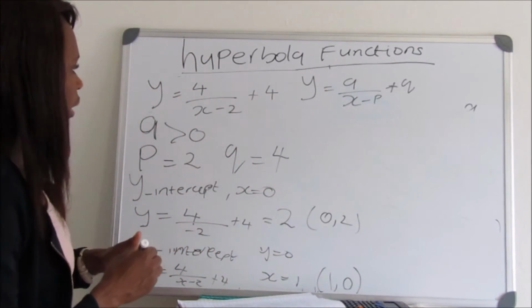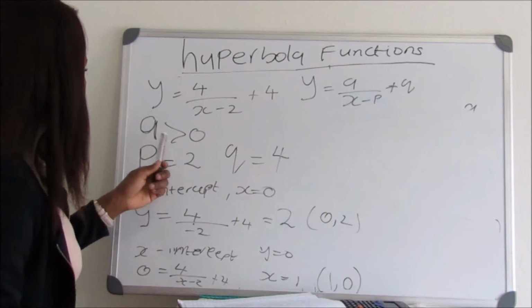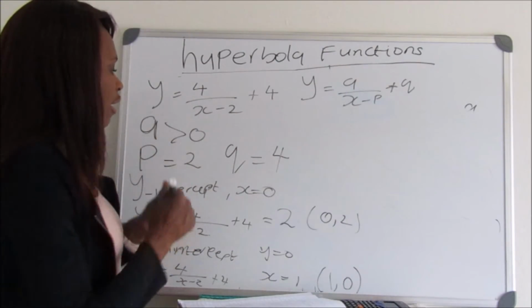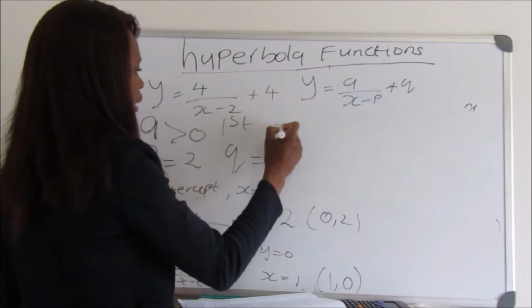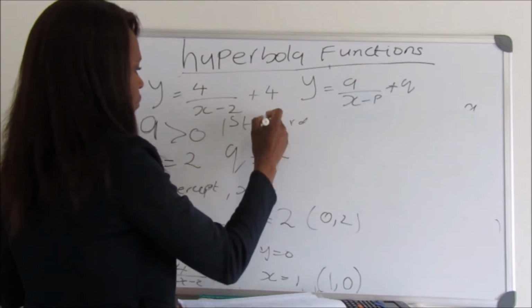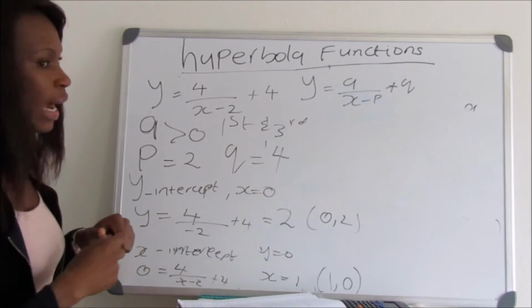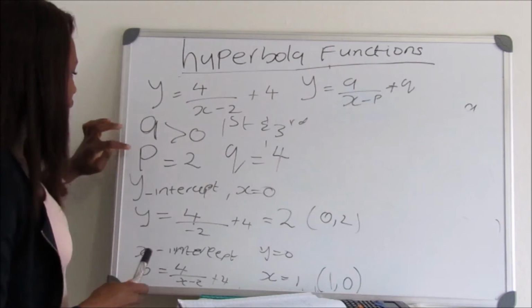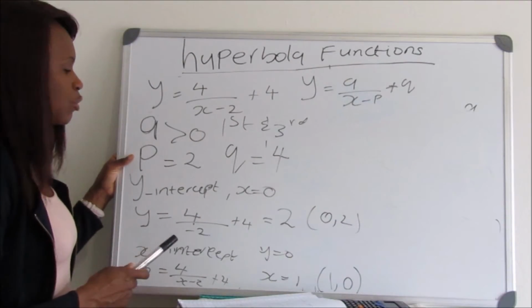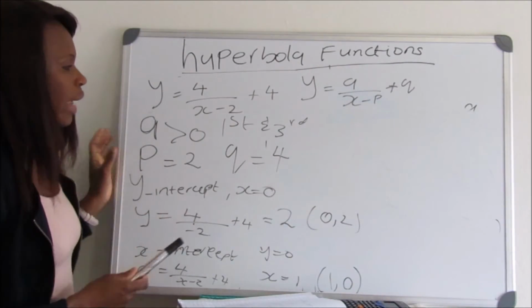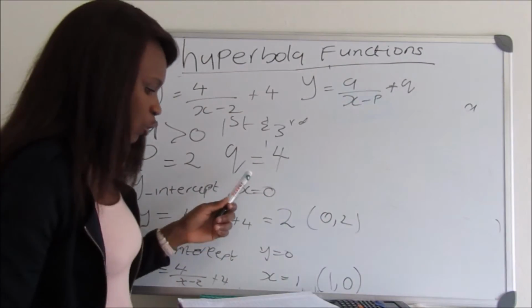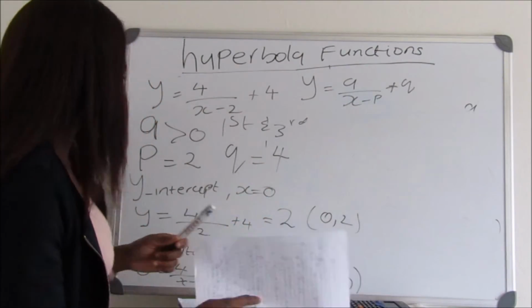Now we have our points. Since a is greater than 0, we know the graph will lie in the first and the third quadrant. Our vertical asymptote, p, equals 2, and our horizontal asymptote, q, equals 4.